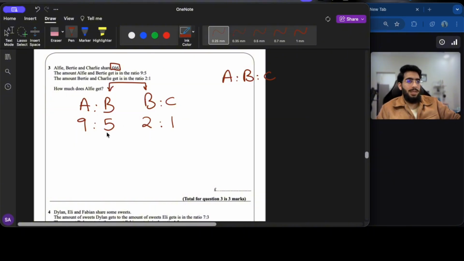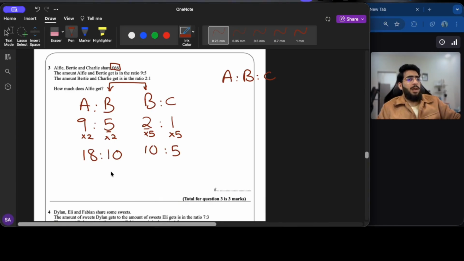Here we take this number and times it by 5, times it by 5, take this number and times it over here by 2, times it by 2, and that becomes 18 ratio 10, and then 10 ratio 5.